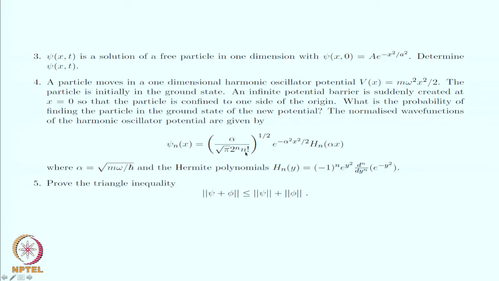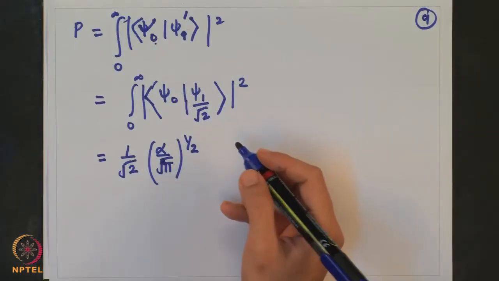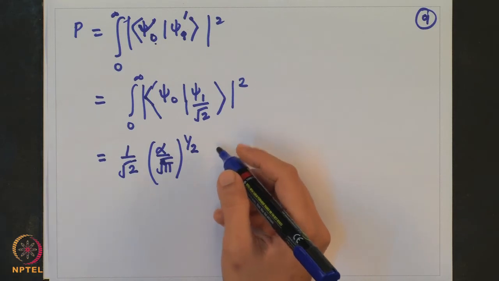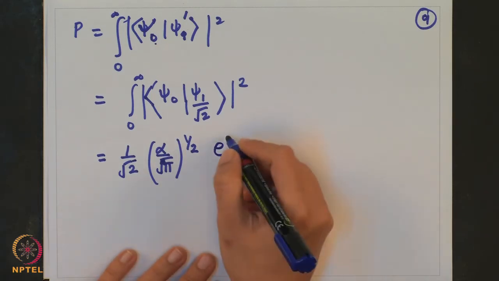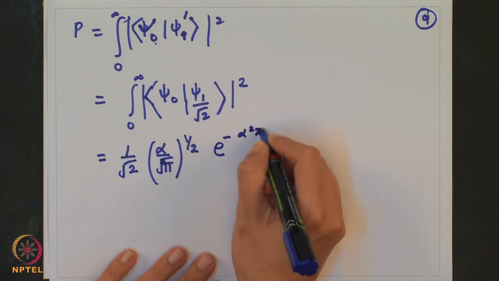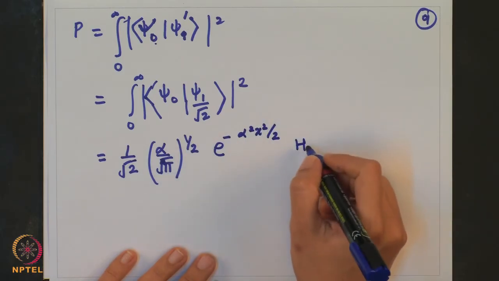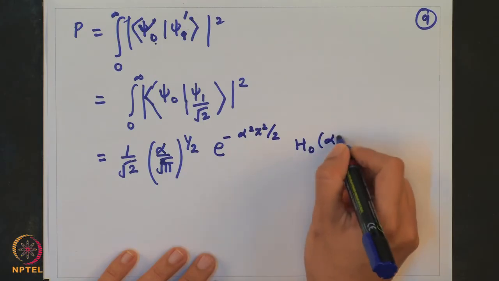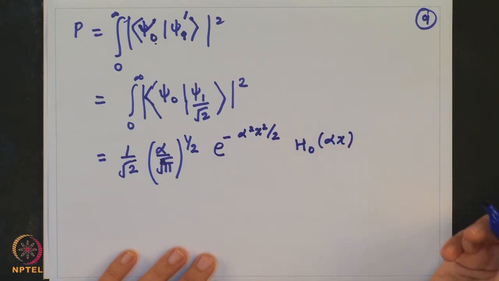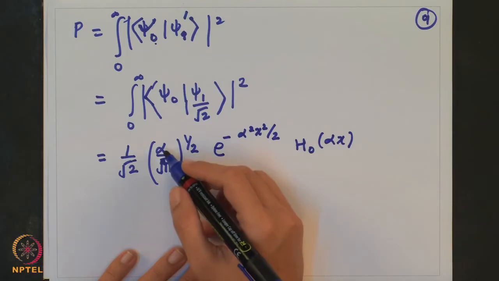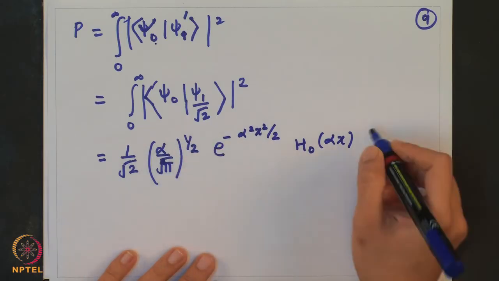So, now let us continue with this. We will have e raised to minus alpha square x square by 2. I will have an H naught alpha x, and another expression will again have alpha. So, this power will go.